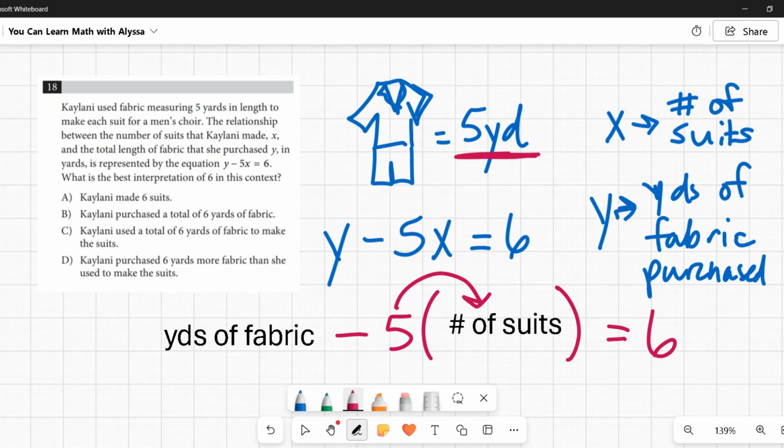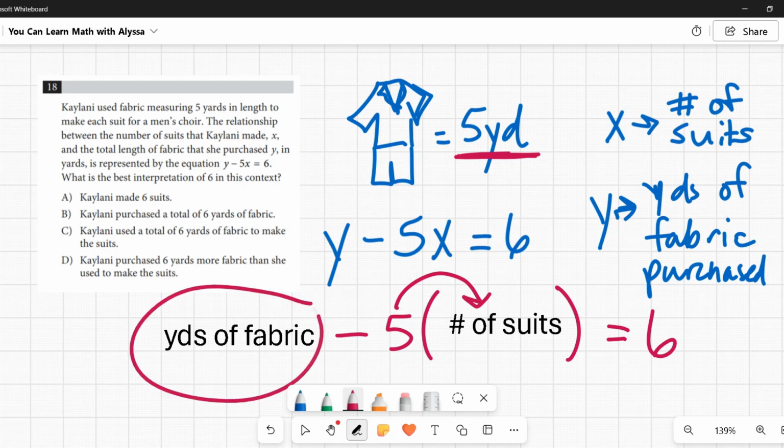If she had made 10 suits, she would have used 5 times 10, or 50 yards. If she made 50 suits, because she's just a lean, mean suit-making machine, then it would be 5 yards times 50 suits, 250 yards.